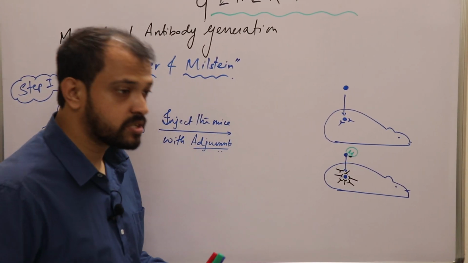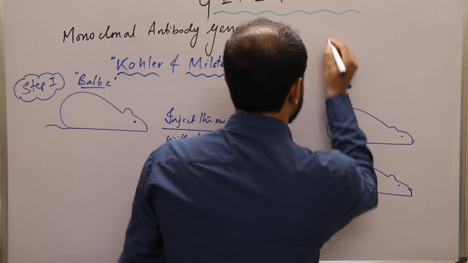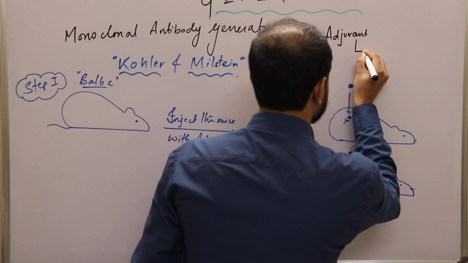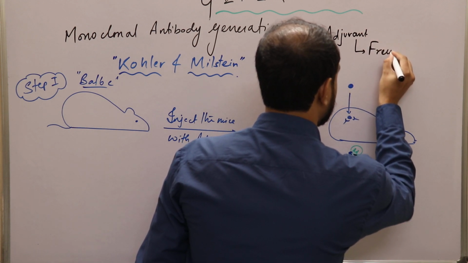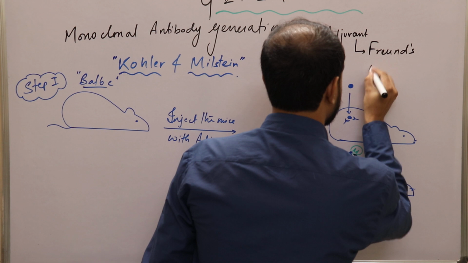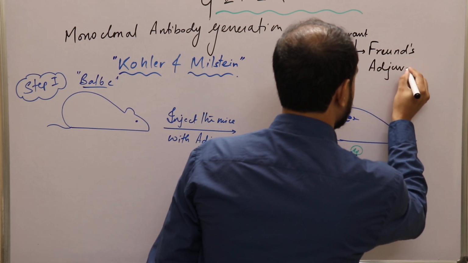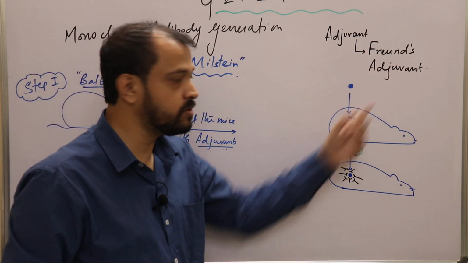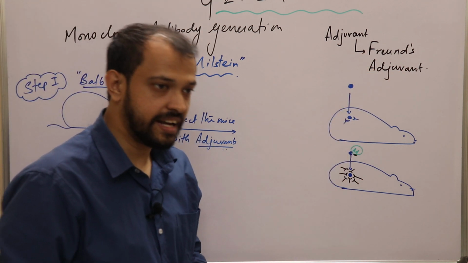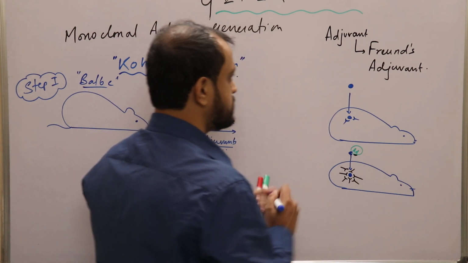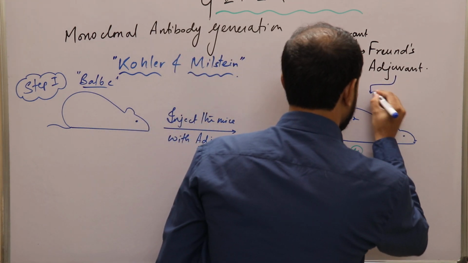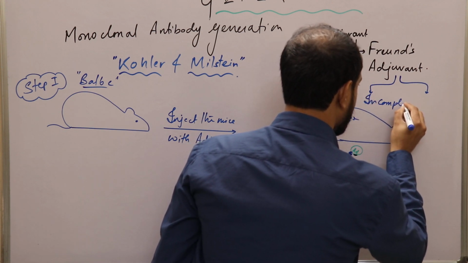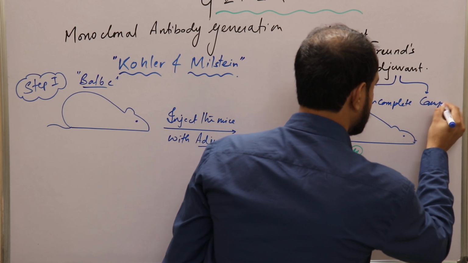Now listen. You should understand one basic thing again, that there are many types of adjuvants which we can use, but the most common type of adjuvant we use is Freund's adjuvant. If you search what is a Freund's adjuvant, you will get to know that Freund's adjuvant has two basic components, that is incomplete and complete Freund's adjuvant.